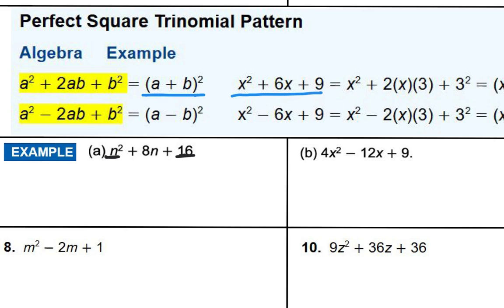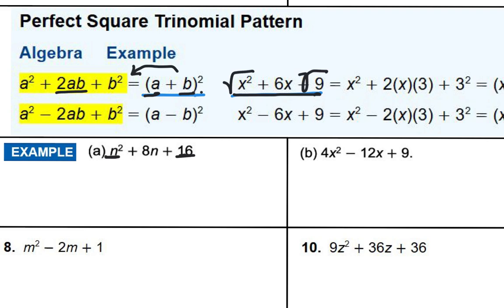Okay, so, all right, so a plus b squared. Remember that we said for these, if we were going to take this and write it, the polynomial, you would take the square of a, the square of b, and then it'd be 2 times a times b. So if I'm given this, then I notice that these are perfect squares.